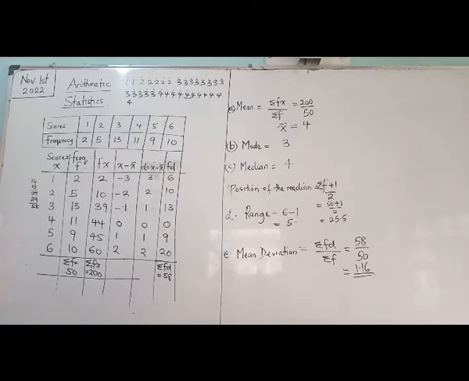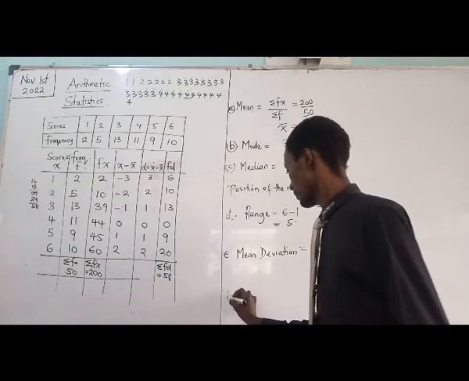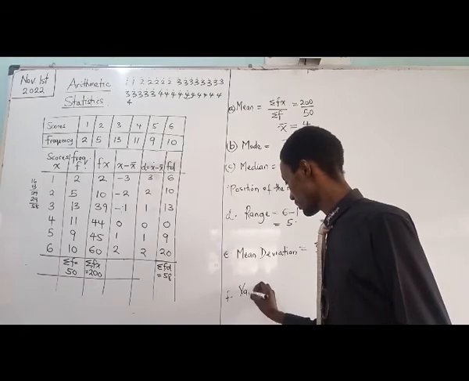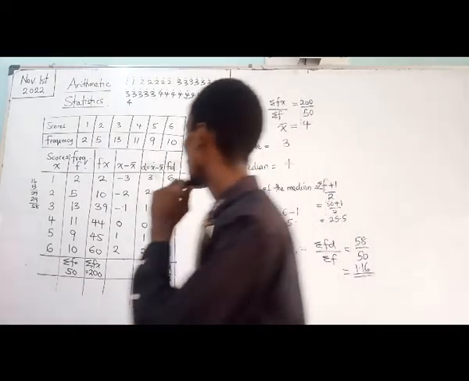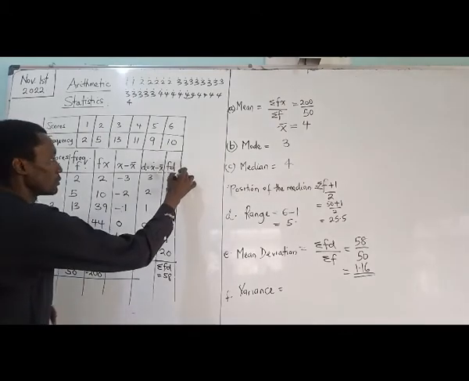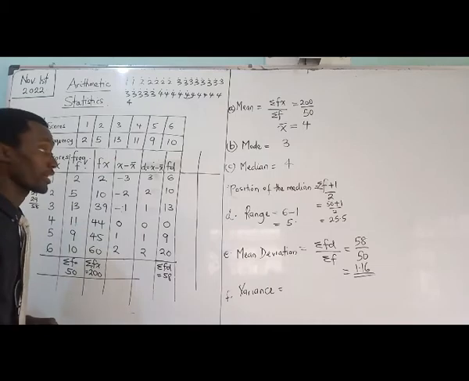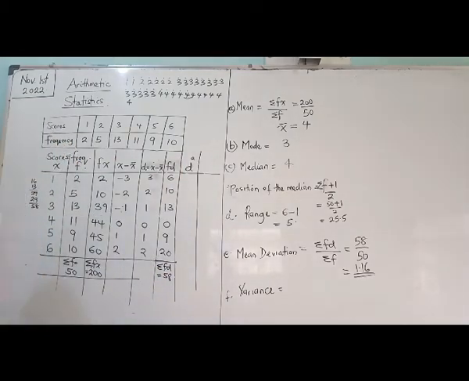Okay? Now, we go to variance. Let's stay right there, the variance. To get the variance, I need to create another column. I need to create what is called d squared. So, to get this squared, what column helps me out?